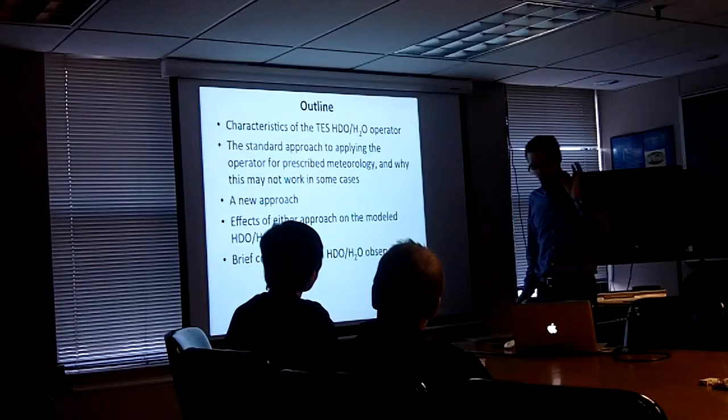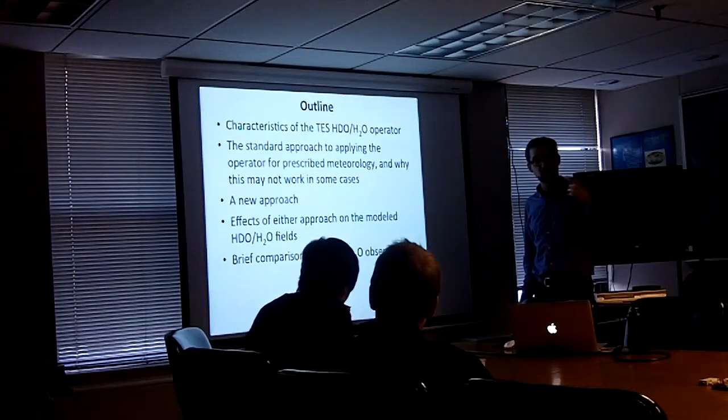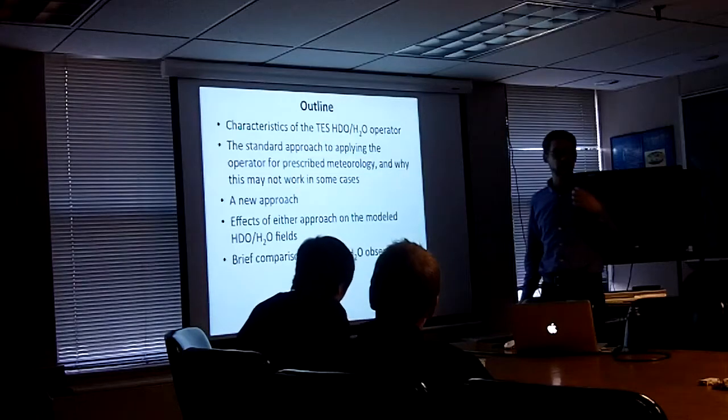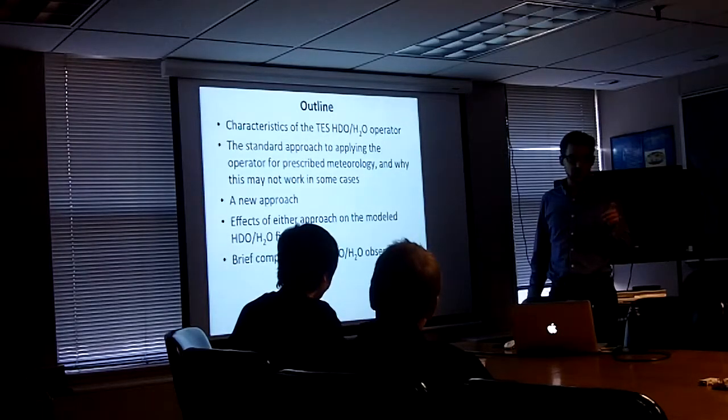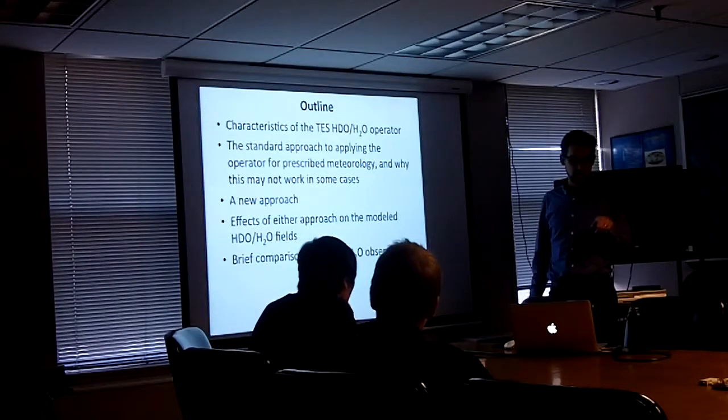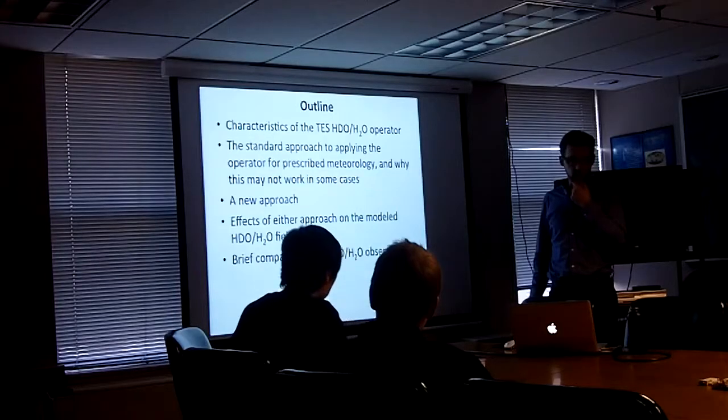So what I'll get into is how we make that comparison. We'll talk about the HDO operator and the standard approach in applying the operator, which originates in studies involving fully prescribed CTM models with prescribed meteorology, and why this might not work in some cases, at least for what we're interested in.